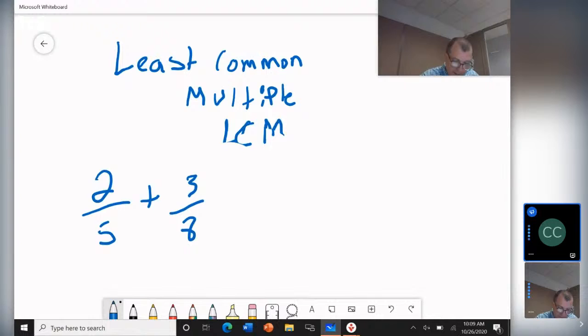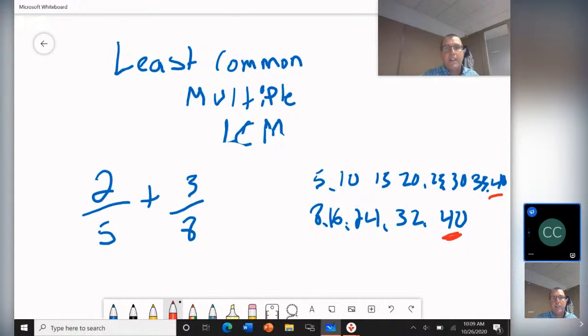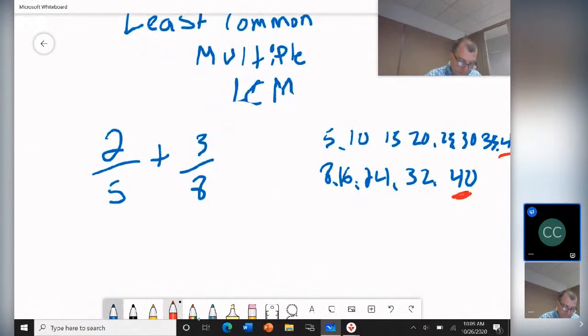Okay, so 5 would be 5, 10, 15, 20, 25, 30, 35, 40. 8, we have 8, 16, 24, 32, and 40. Well, we found our common multiple. It's going to be 40. Both 5 and 8 go into 40. Okay? So 40 is going to be our new denominator.